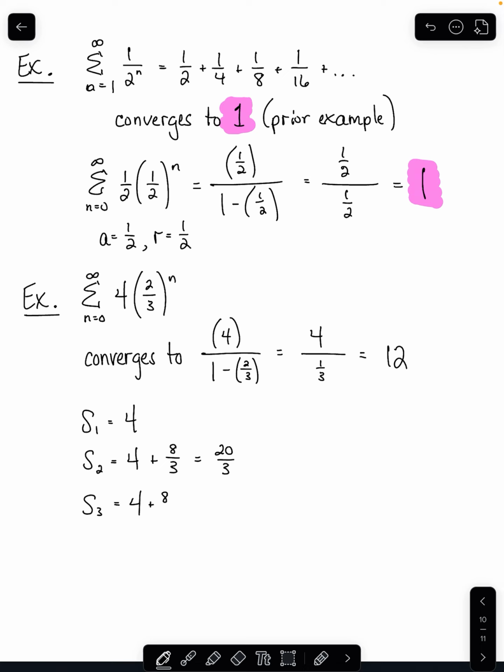S sub 3 then would be the 4 plus the 8/3, plus when n is equal to 2, 2/3 squared is 4/9. Times 4 would give us 16/9. Now we already know that 4 plus 8/3 is 20/3. So to add 20/3 and 16/9 would require the common denominator of 9. That would give us 60/9 plus 16/9 is 76/9.